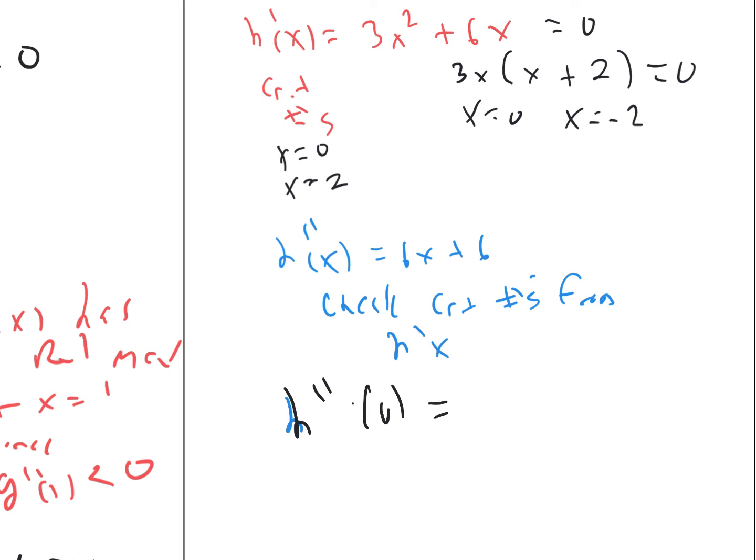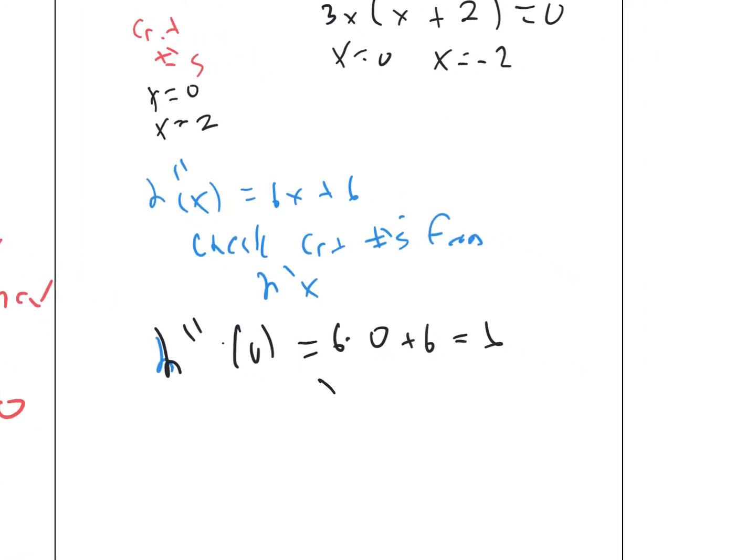That gives me 6 times 0 plus 6, that gives me 6. So I know at x is 0, the function h of x is concave up because this is positive. So it looks like this. So living at the bottom of concave up is a minimum.